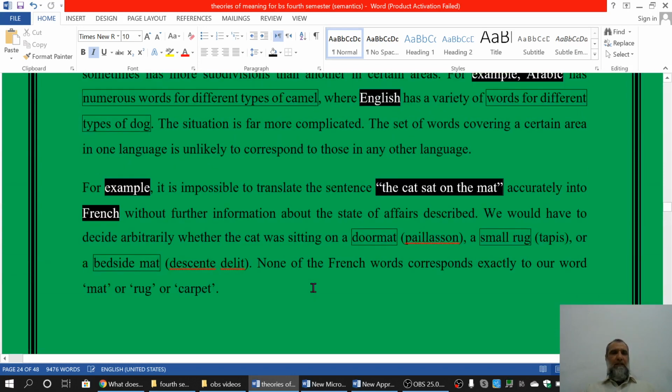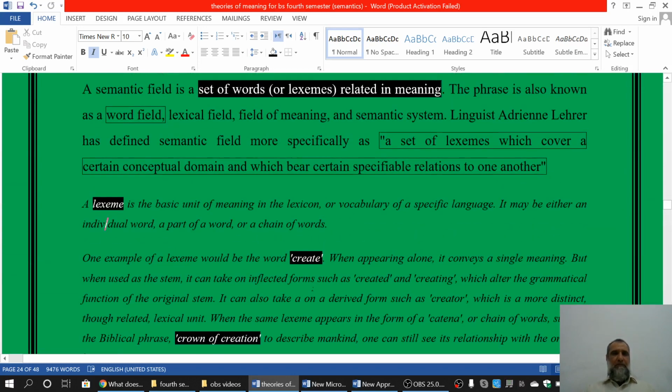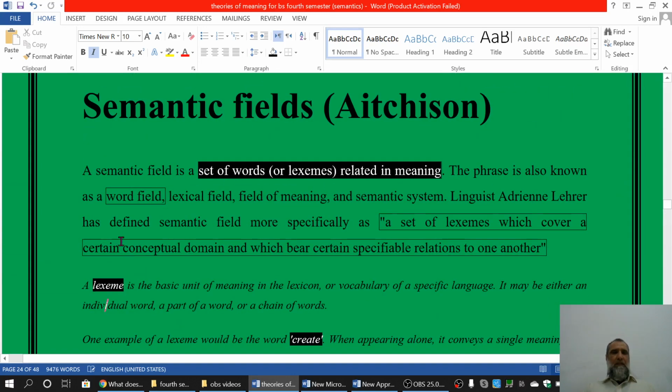So this is referred to as the conceptual domain. I said a set of lexemes, you can say a set of words, which cover a certain conceptual domain. All these groups covered a conceptual domain and which bear certain specifiable relation to one another.